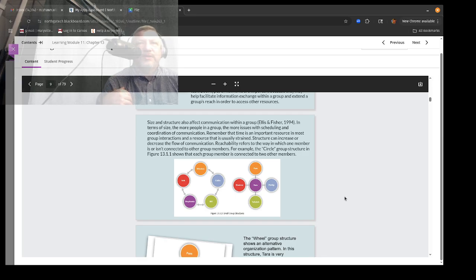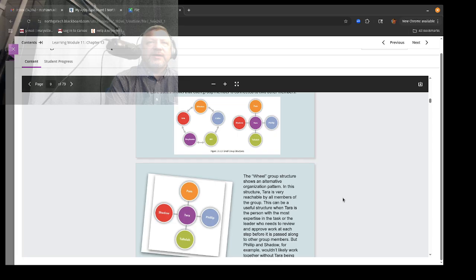Whereas the wheel is the other pattern, and everyone's connected in a different way, right? Tara's the most reachable. Tara's kind of the point person. And if Tara's the one with the most experience or expertise in the task that needs to get done, or if she becomes the leader, it's kind of a natural process.